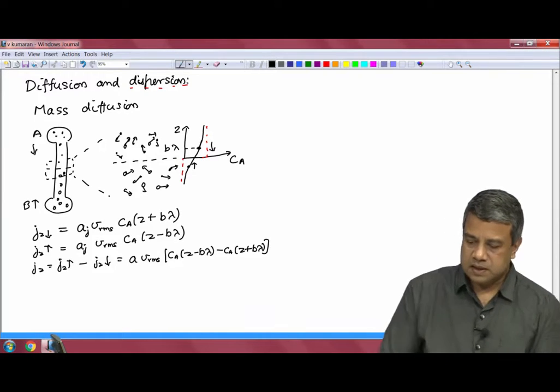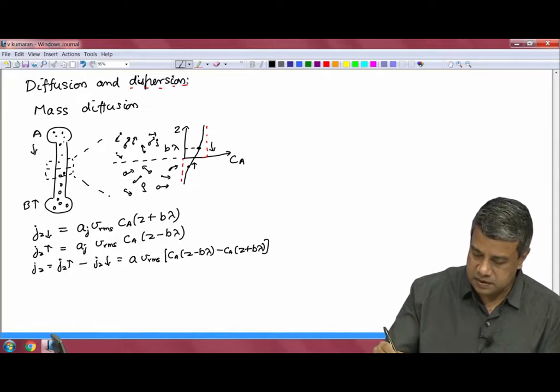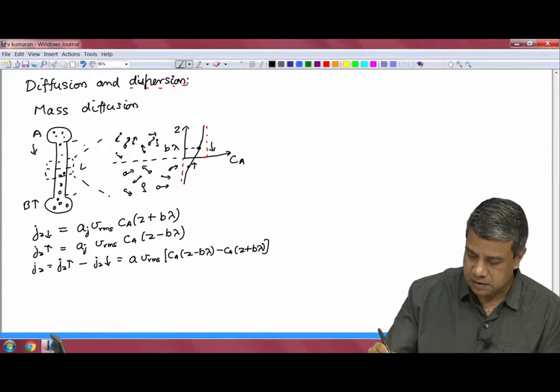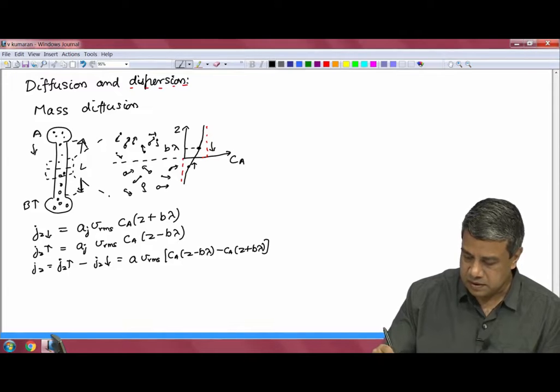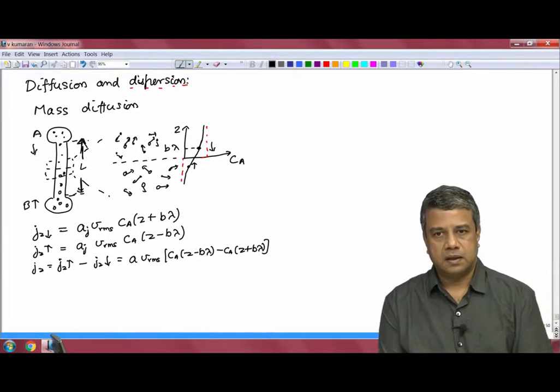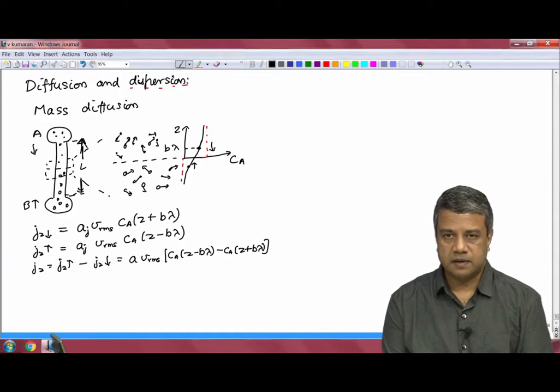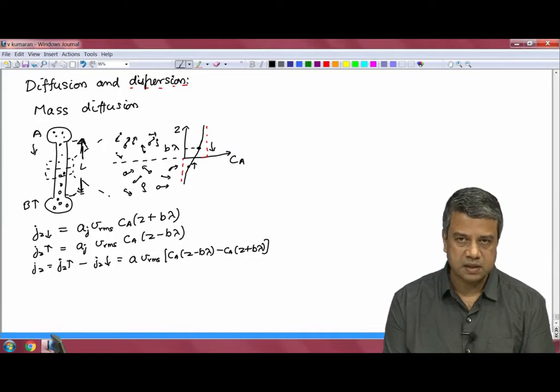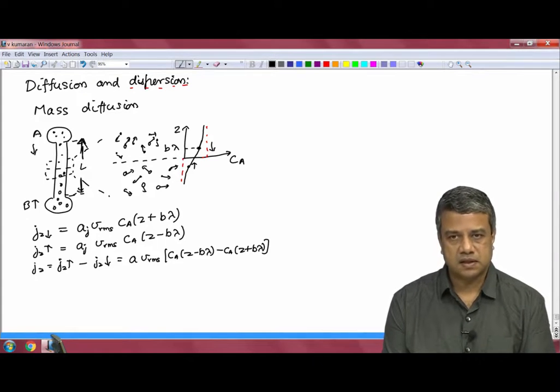Now, the characteristic length scale for diffusion is the length of this tube L. If the continuum approximation applies to this case, that means that the mean free path is much smaller than this characteristic length scale.